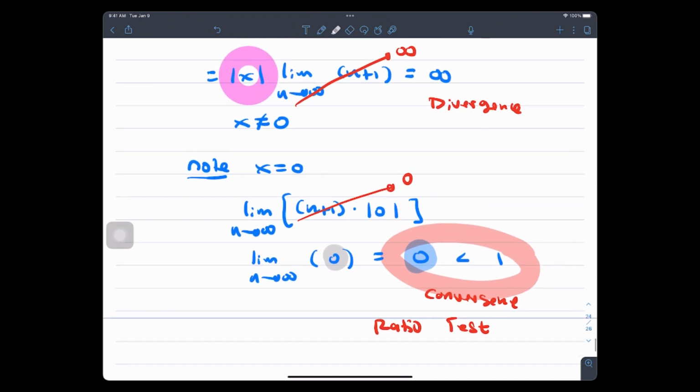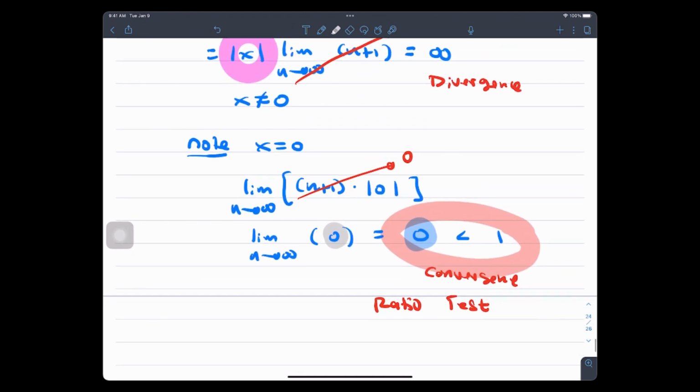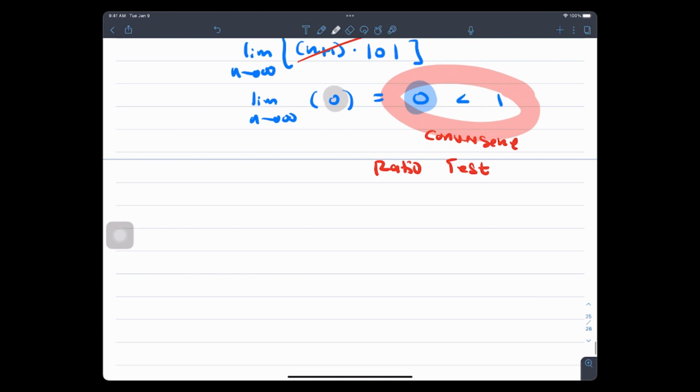So what does that mean in conclusion? Remember, we're trying to find the values of x where you have convergence. So you have convergence only when x is 0. Is that true?